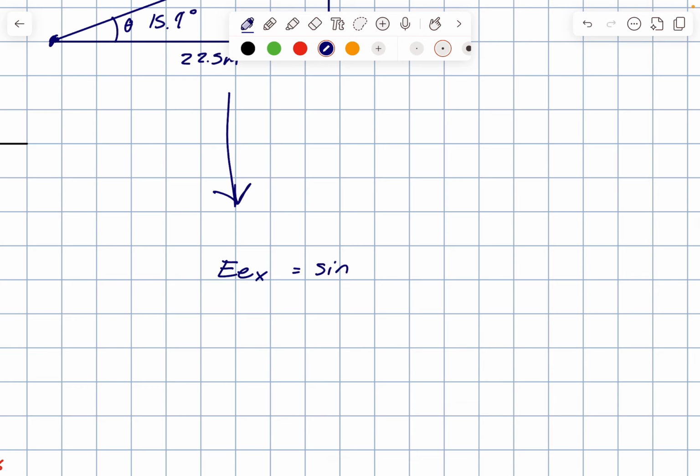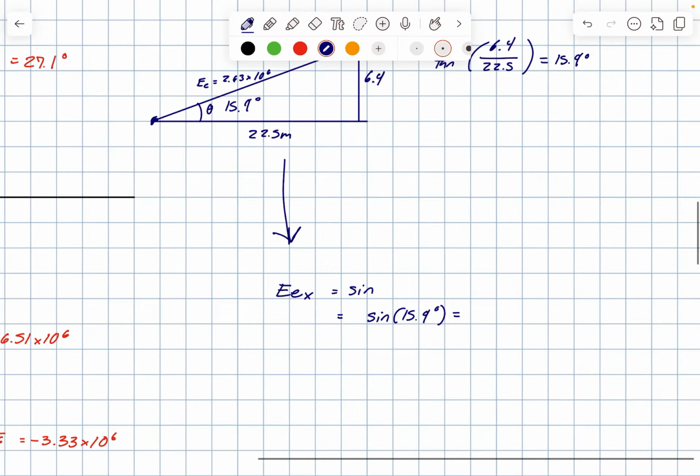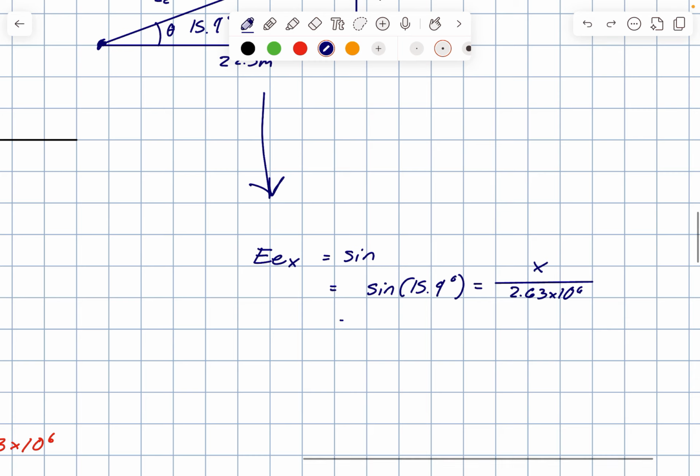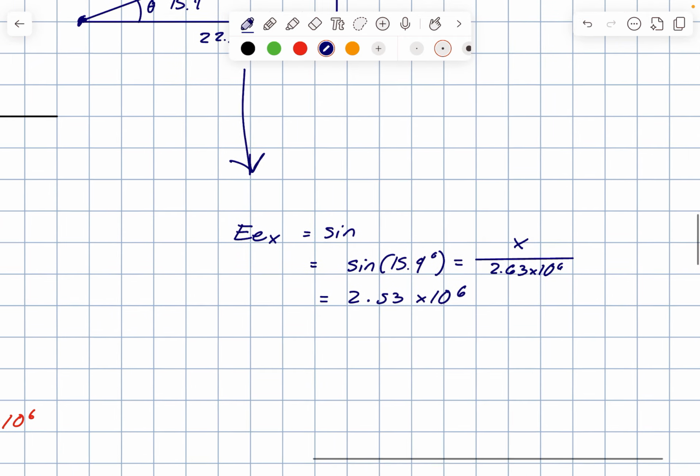So that's going to look like cosine of 15.9 degrees is equal to an unknown x value over hypotenuse 2.63 times 10 to the 6th. Now remember, I got that value from up here. And when you solve that, you should get the value of roughly 2.53 times 10 to the 6th. So that's for our x component.